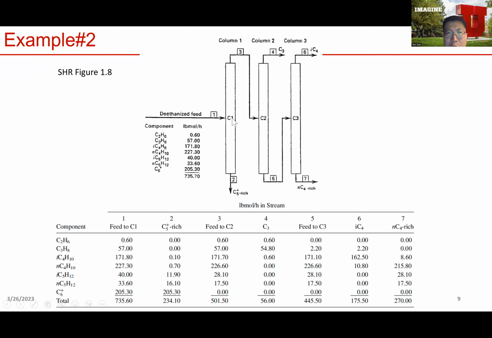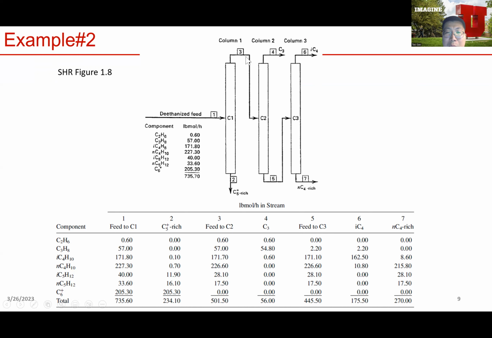After entering column 1, the feed is split into 2 streams. We have this product stream 2 that is rich in C5 plus, right? As you can see here. So we have another stream 3 that is rich with more volatile components, from C2 to basically C4.